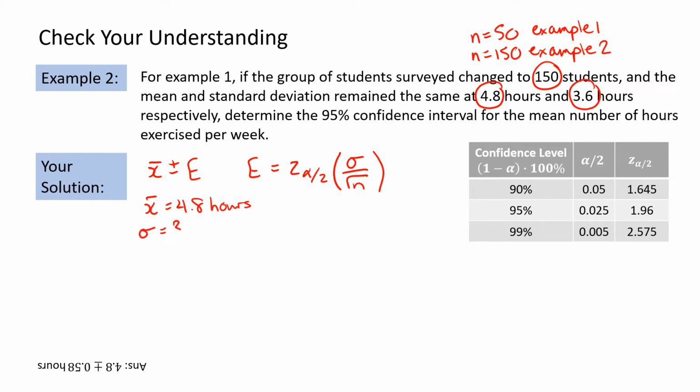Our standard deviation did not change, it's 3.6 hours. But our number of samples changed to 150. I'm also asking for the same confidence level, which is 95%. If we go to our table for 95%, we get our z-score in our third column here of 1.96. So z is equal to 1.96.